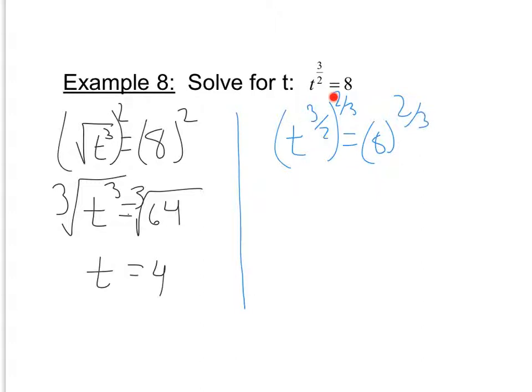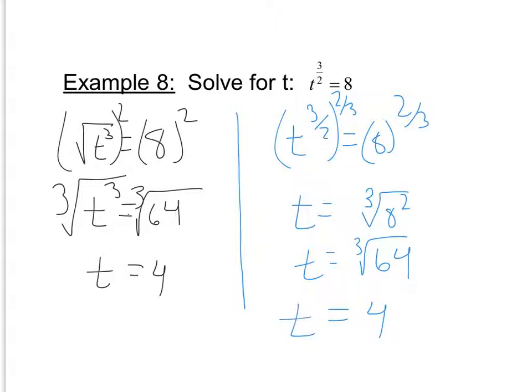So 3 times 2 is 6, 2 times 3 is 6, 6 divided by 6 is 1, so you have t equals, and then if I change this, it'd be cube root of 8 squared, which is cube root of 64, which is 4. So they both work out the same way. Okay? So let's take a look at some more.